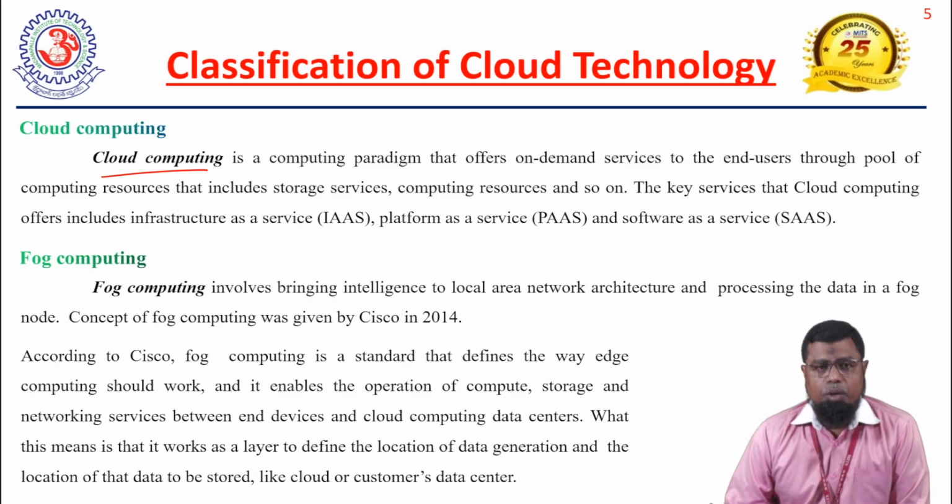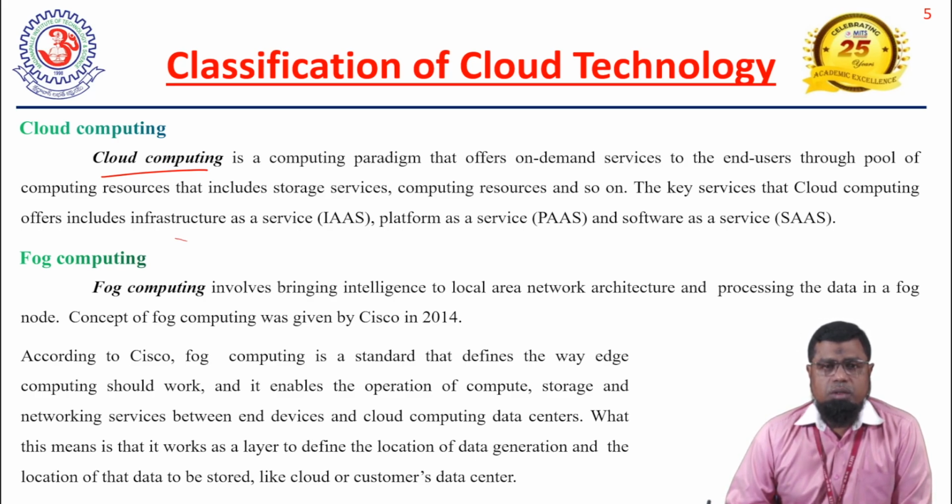Through a pool of computing resources, there is usually a group of resources available in the background of these cloud vendors. Based on the demand, they provide the resources to the end users for a period of time, at a cost, based on their requirement.